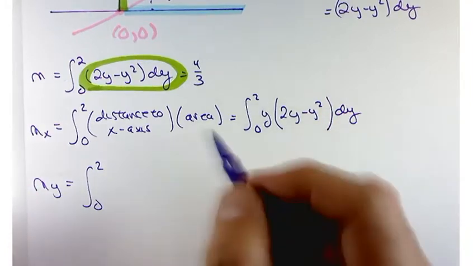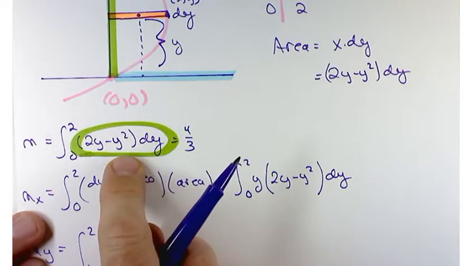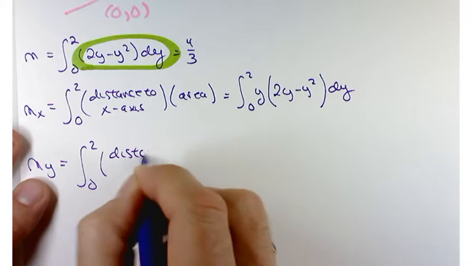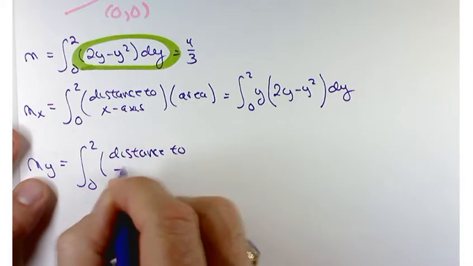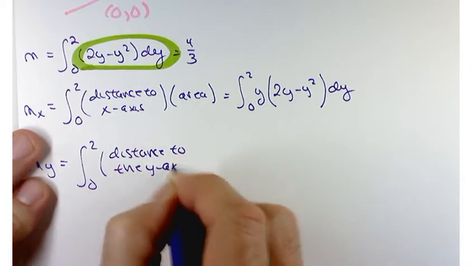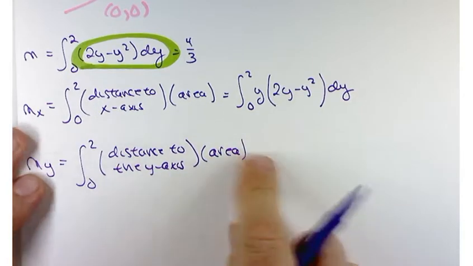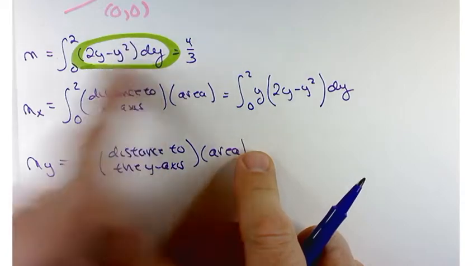Okay, so the area of that is going to be the same thing as here. So I want the distance to the y-axis times the area again. And that area is going to be this part right up here.